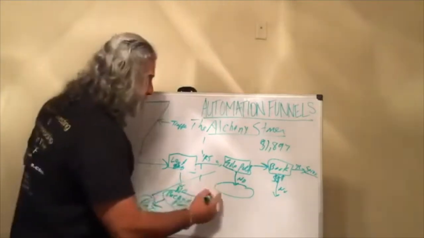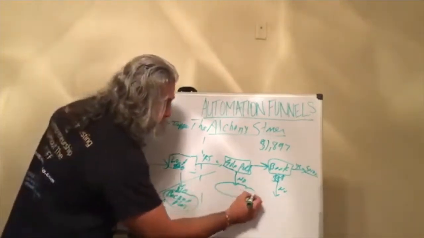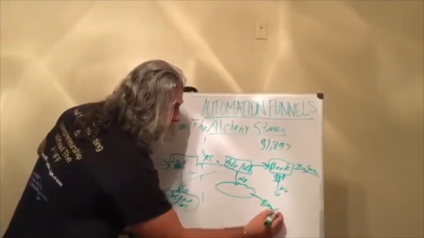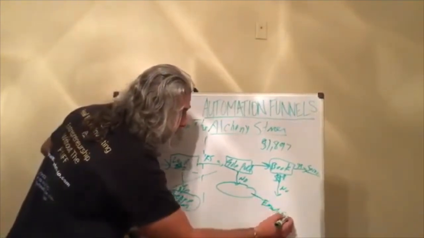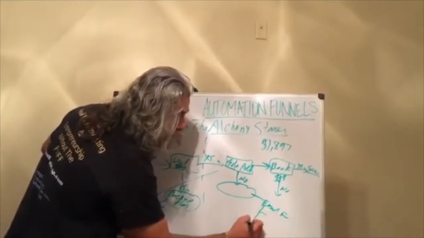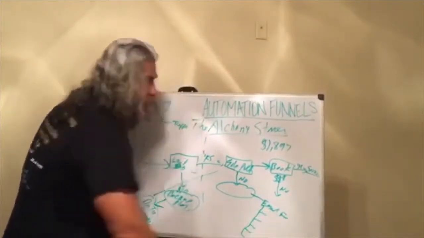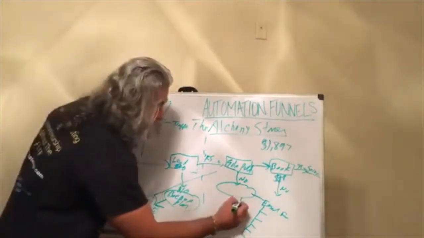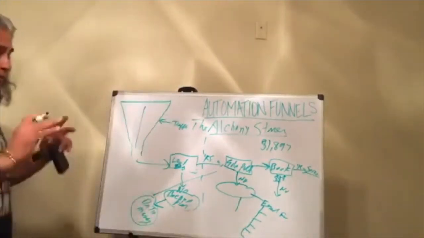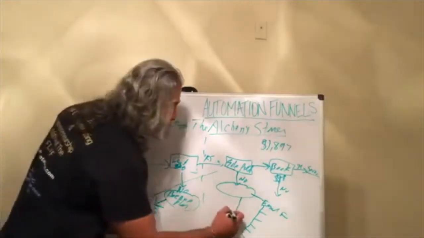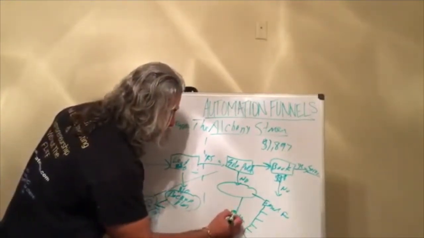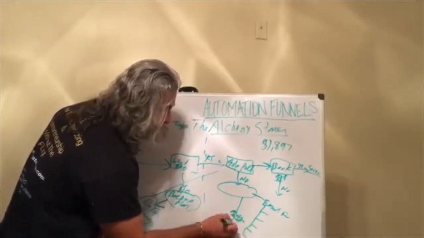And so what happens here is that the first thing I'm going to do with them is put them into an email funnel system, okay? And the email funnel system will go out like this, back to back, okay? So that's one follow-up. The next thing I'm going to do is put them into a mobile marketing plan. And again, it's going to go like this.